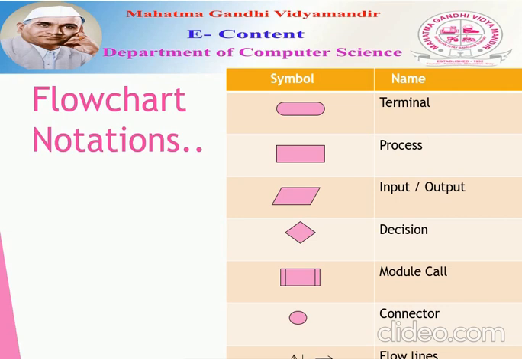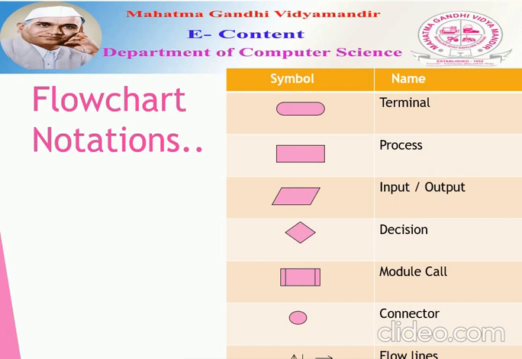For start and stop of the process, the terminal symbol is used. Then second, process. It contains an arithmetic or assignment task. Suppose you have to write an arithmetic operation or some assignment task, then you can write it into this rectangular box.